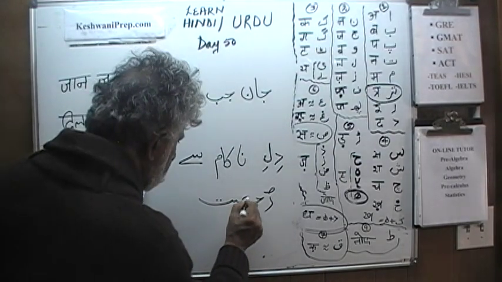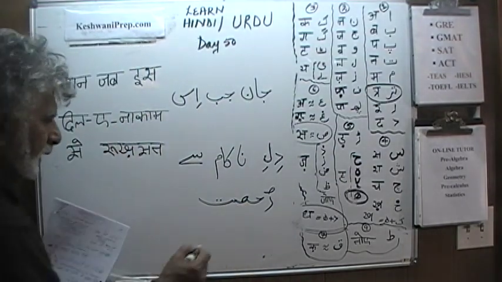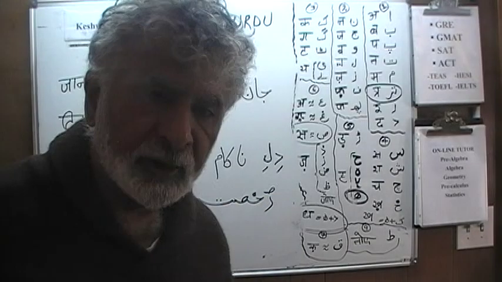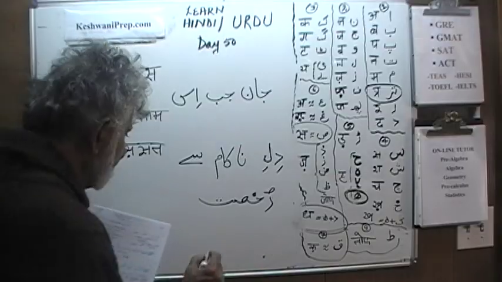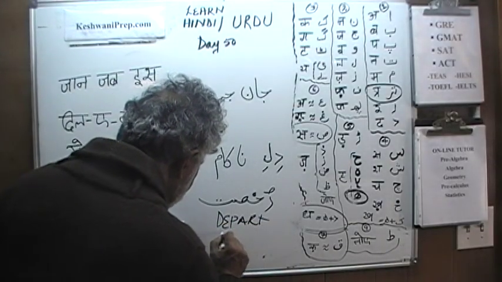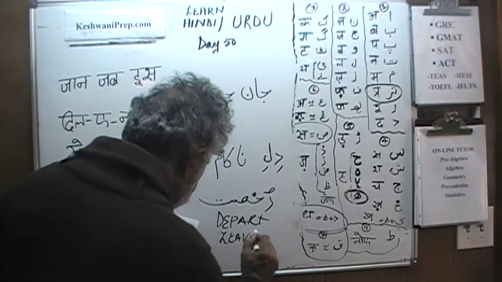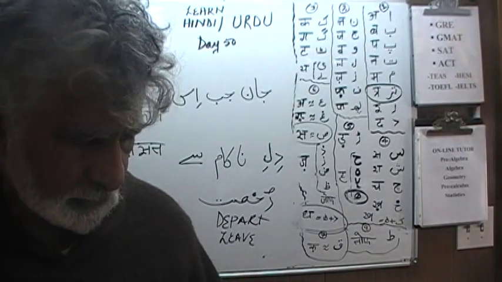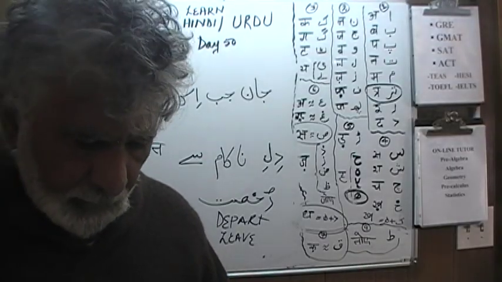That's a swat. And we need a dot on top of rukhsat. What does rukhsat mean? Rukhsat means to depart, to leave, to go away. Rukhsat means to depart, to leave.